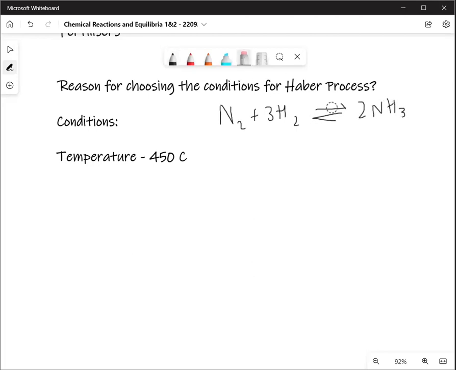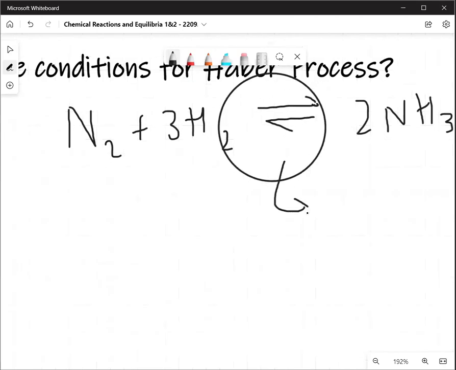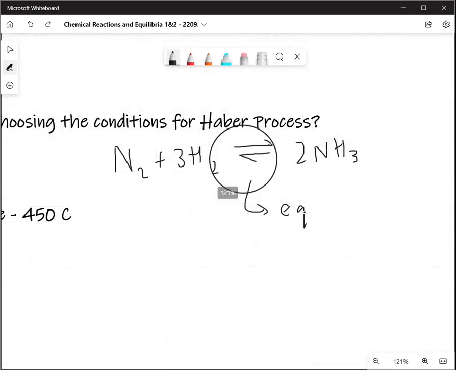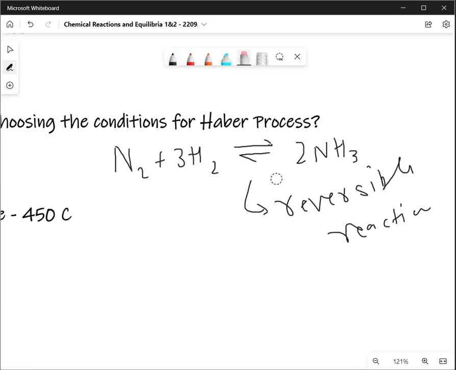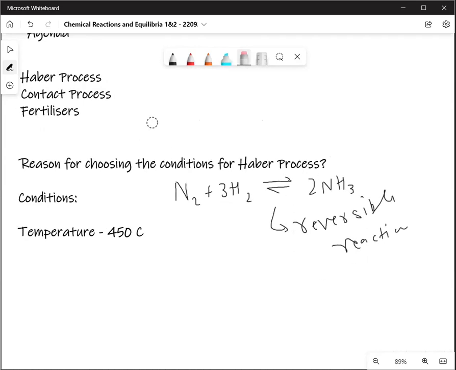Now, can you see this two-sided arrow? It means it's a reversible reaction. What does reversible reaction mean? Why do we care about this?